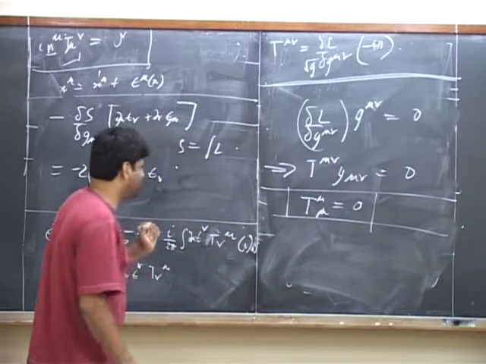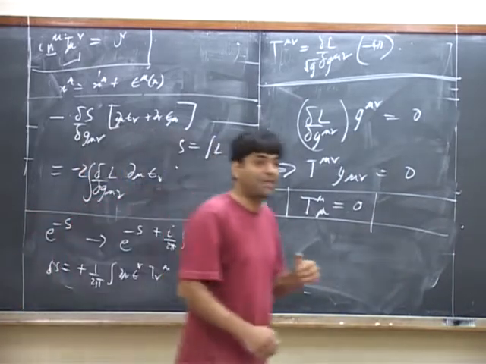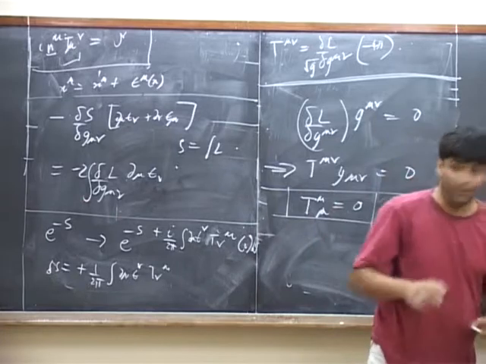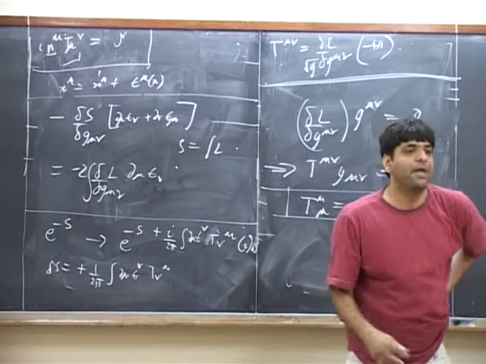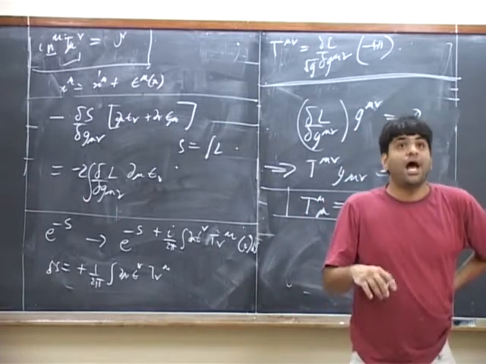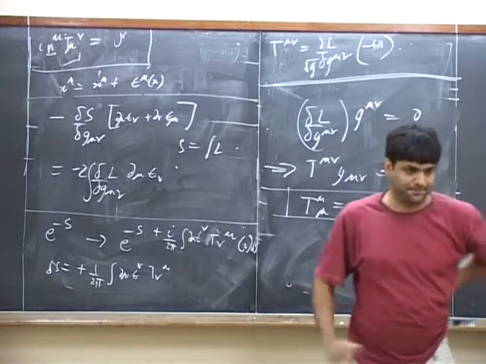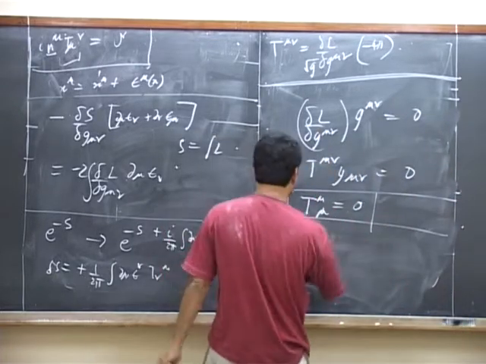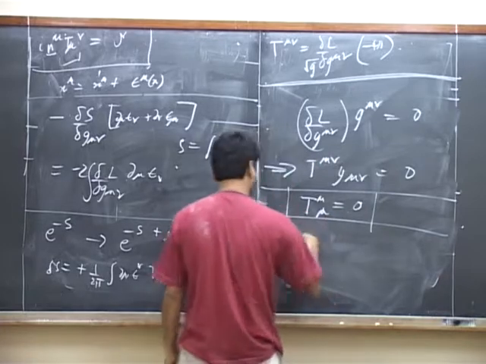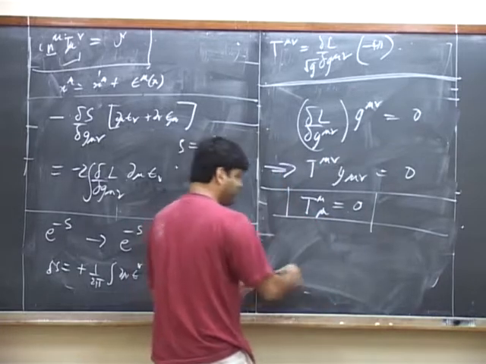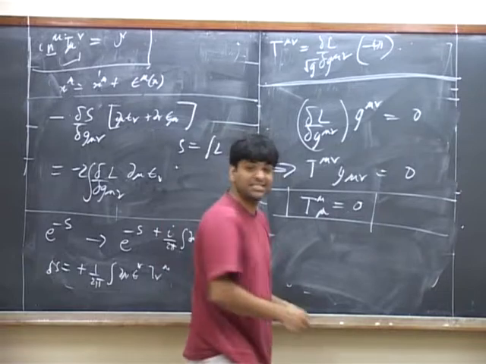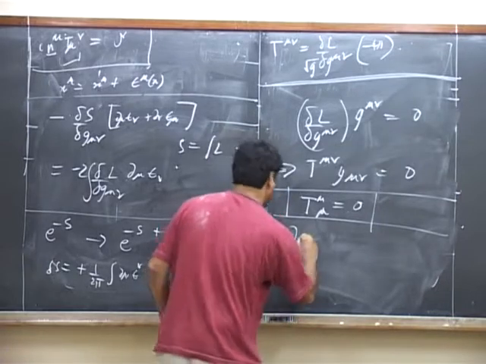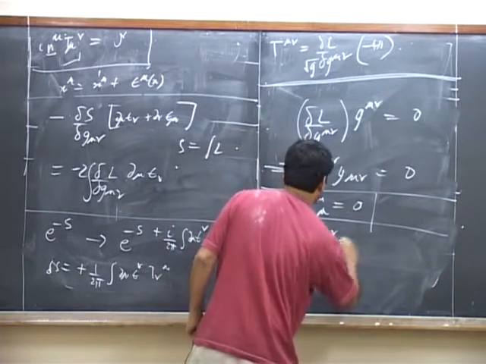This is good enough for now. But now, let's specialize to 2 dimensions. So what does this equation imply? Also, of course, the stress tensor is conserved. That is of course true. So we have del mu T mu nu is equal to 0.